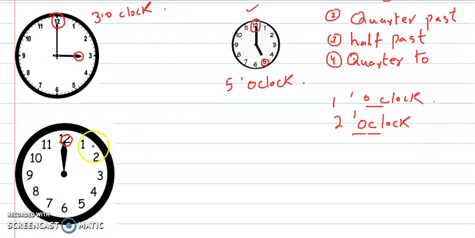And in this third diagram you can see both the minute and hour hands are at 12, so the time will be 12 o'clock.